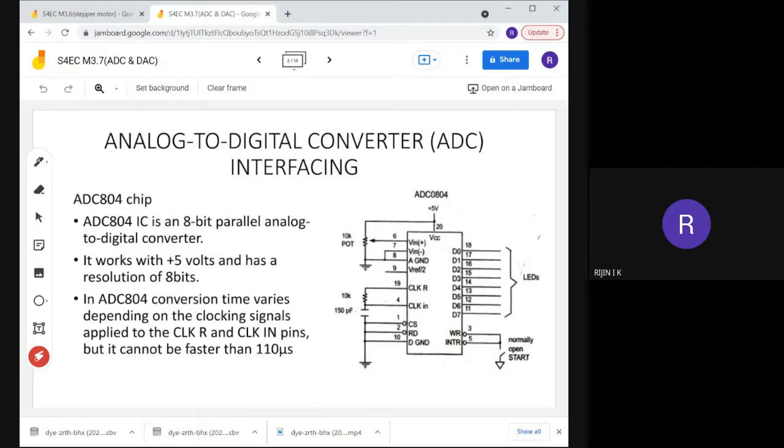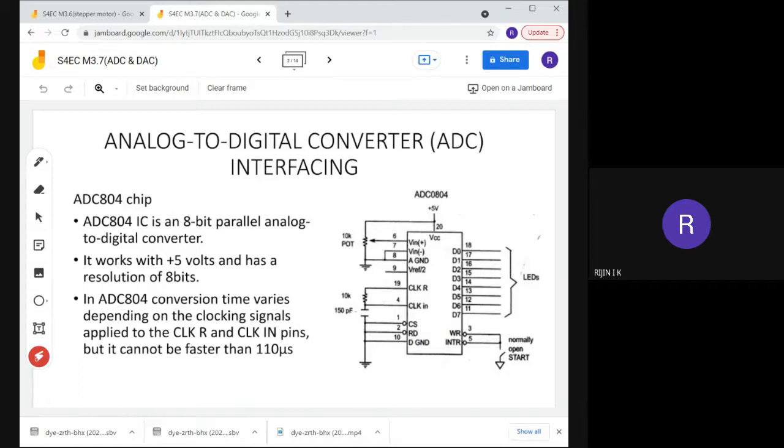Then after the conversion, we can read the data by giving an active low signal to the RD pin. That means after the value of INTR becomes 0, we can give an RD 0 value. What can we do by giving a 0 value to the RD pin? We can read the converted data.